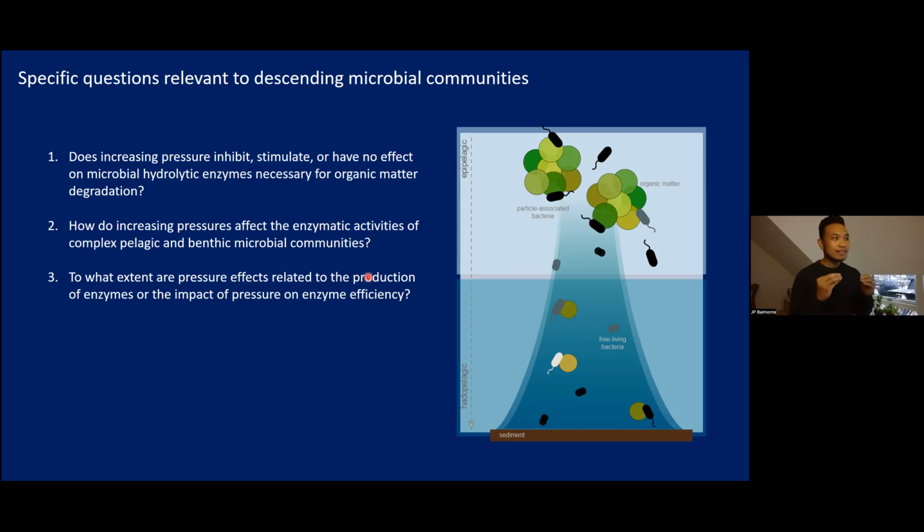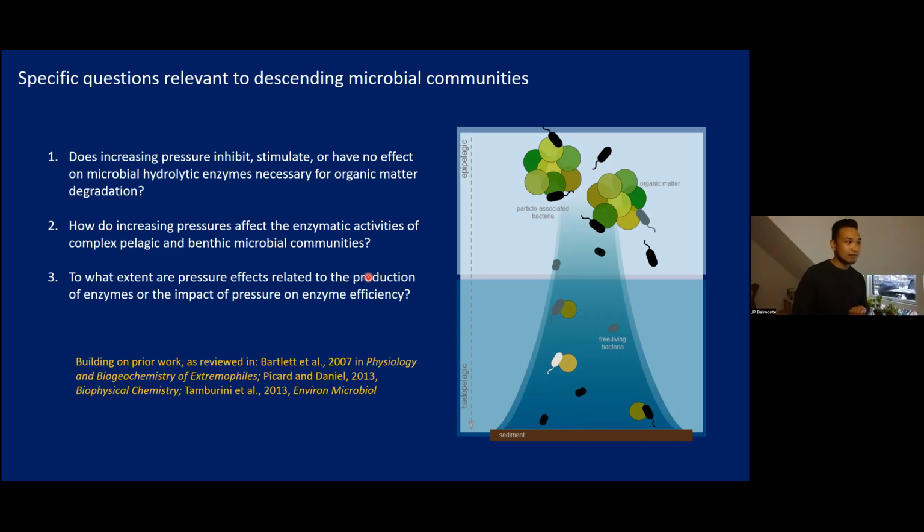And to what extent are pressure effects related to the production of enzymes? Does it slow down the production of enzymes by microorganisms, or does it just affect the catalytic efficiency of enzymes once they are produced? Essentially, does it act on the physical structure of the enzymes, therefore reducing their activity?